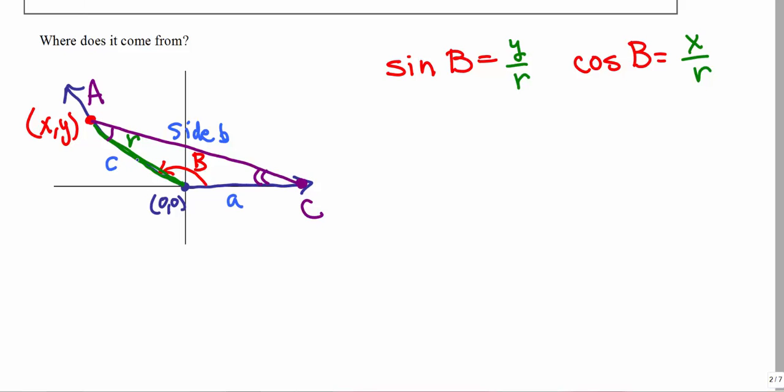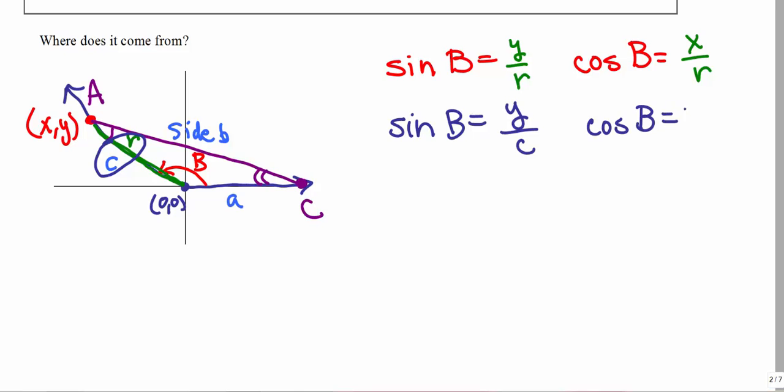Now once we define the angles of our triangle to be A, B, and C, the side C here is exactly the same thing as r. So in our formulas we're going to replace the r with C. So sine B is y divided by side C, and cosine B is equal to x divided by side C. Now I'm going to multiply both sides by C to get y by itself on one side.